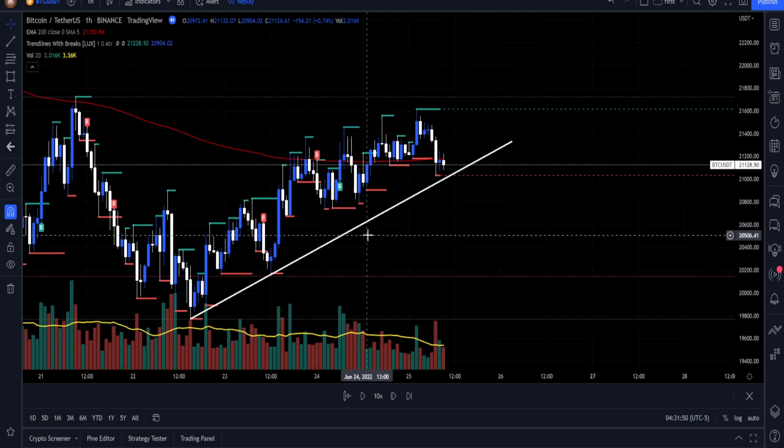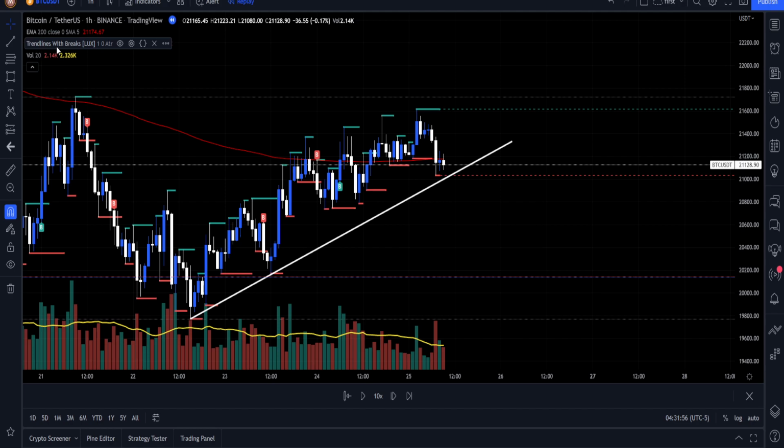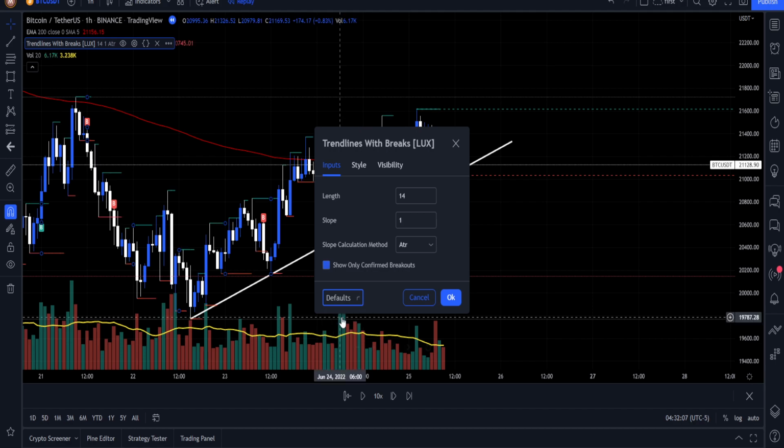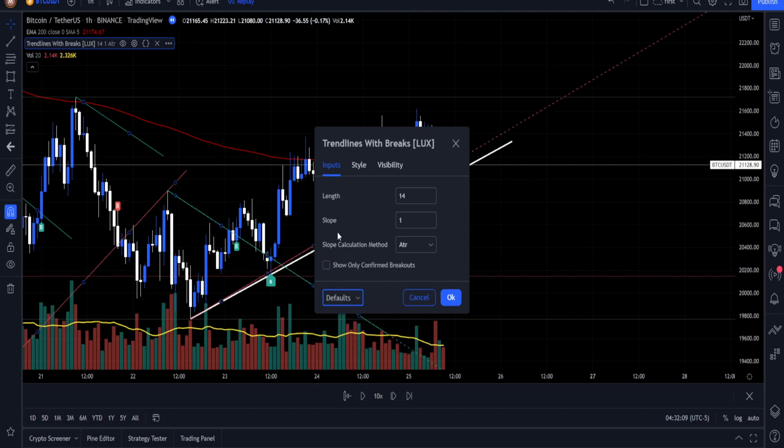This video is going to be at a request to understand the indicator Trendlines with Breaks by Lux Algo. I believe the indicator comes with some defaults. Let's see. If I reset the settings, yeah, these are the default settings for Lux Algo.